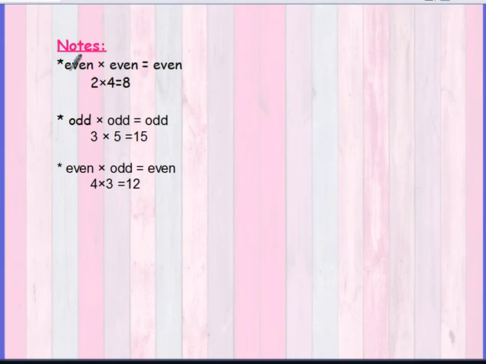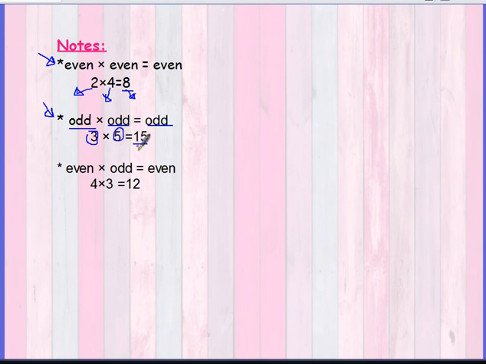Here we have some notes. Even number times even number equals even number. 2 times 4 equals 8. 2 is an even number, 4 is an even number, and 8 also is an even number. Odd times odd equals odd. 3 is an odd number times 5 is an odd number.